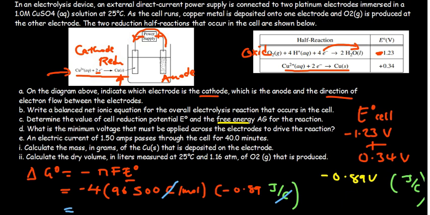After you multiply these values, you get a positive value, 340,000 joules per mole. Now you can divide by 1,000 to make it kilojoules, which will be about 340 kilojoules per mole. Let me put emphasis by showing a positive value.